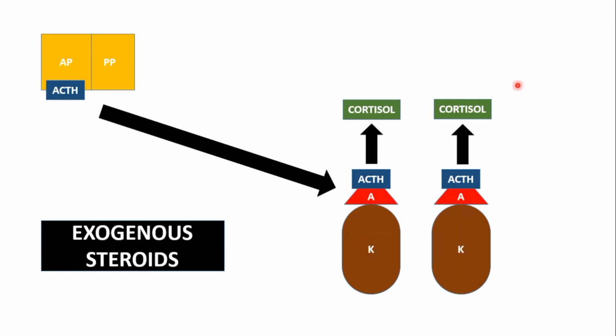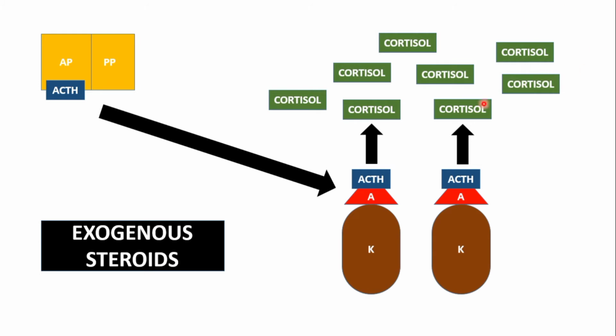When you take excess steroids, in your body there would be lots and lots of steroids. These go to the anterior pituitary and say that we already have enough steroids, so stop producing ACTH. So the production of ACTH decreases, the action of ACTH would decrease, and the steroid production would decrease.